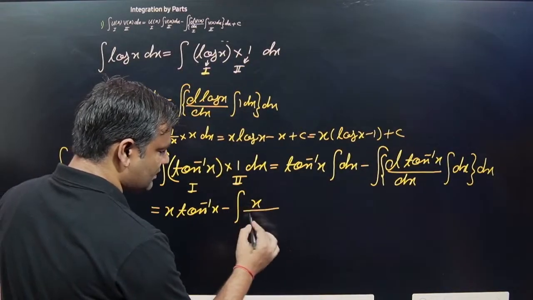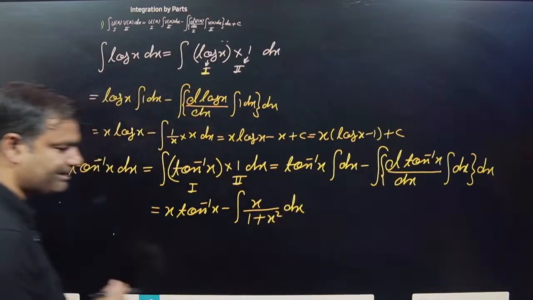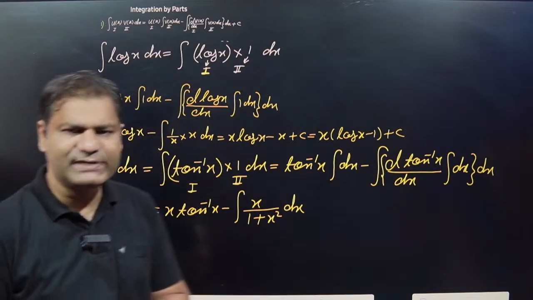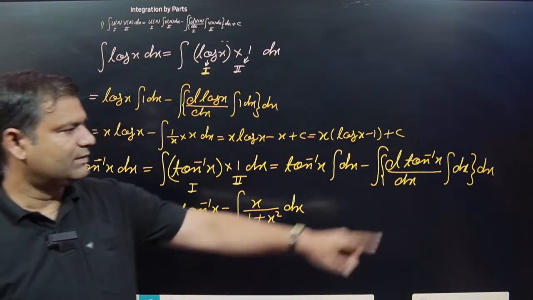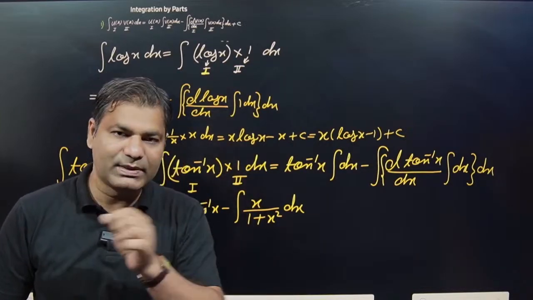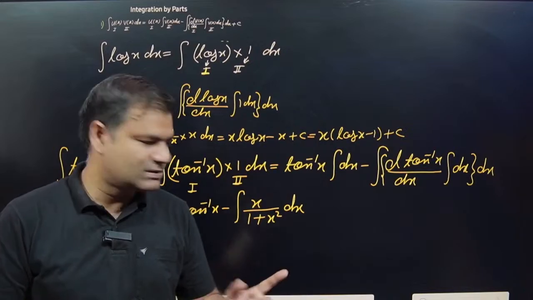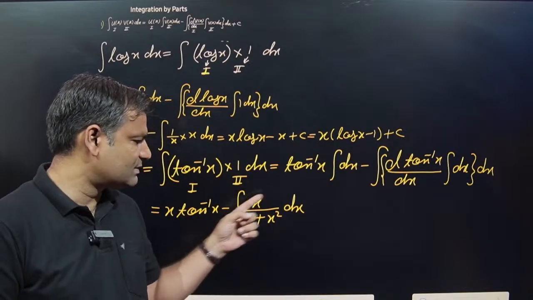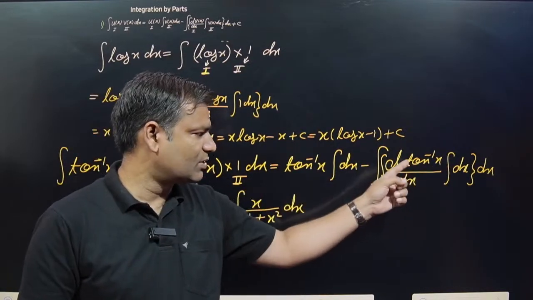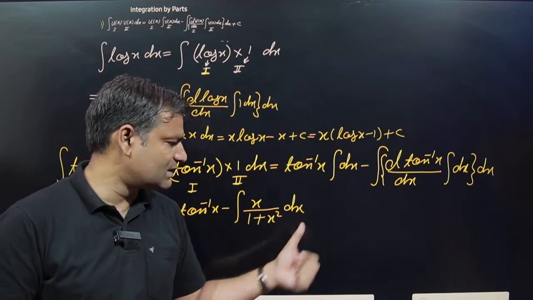So x upon 1 plus x square dx. I hope it is clear. Clear or not? Very simple. The differentiation of tan inverse x is 1 upon 1 plus x square, and the integration of dx is x, so the integral is x upon 1 plus x square dx.